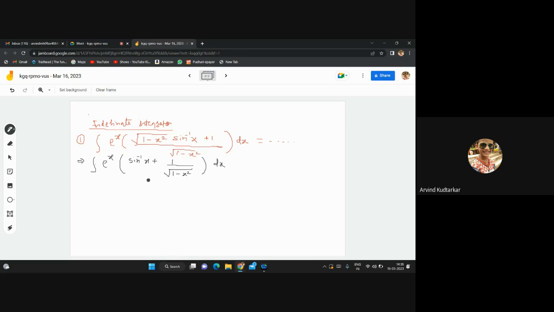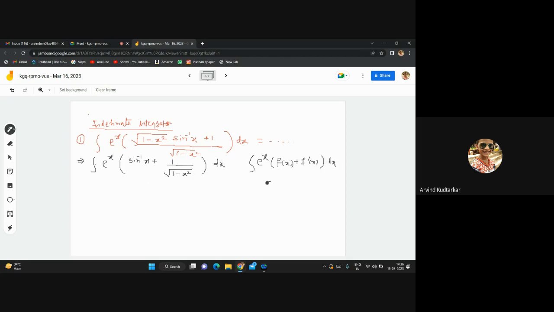So what happens here is a function of x with its differential in the form of addition, and we have a result of integration. What is that result? Integral of e raised to x into f of x plus f dash of x, into dx.